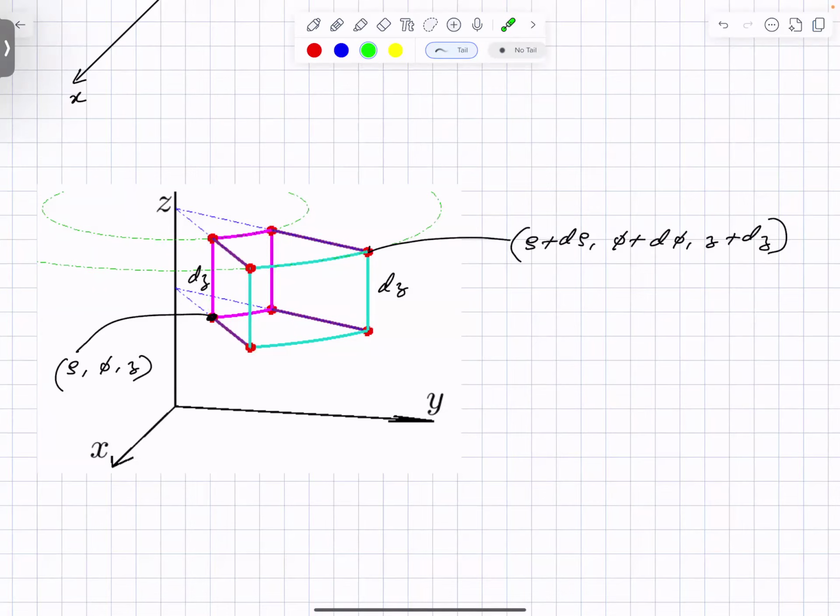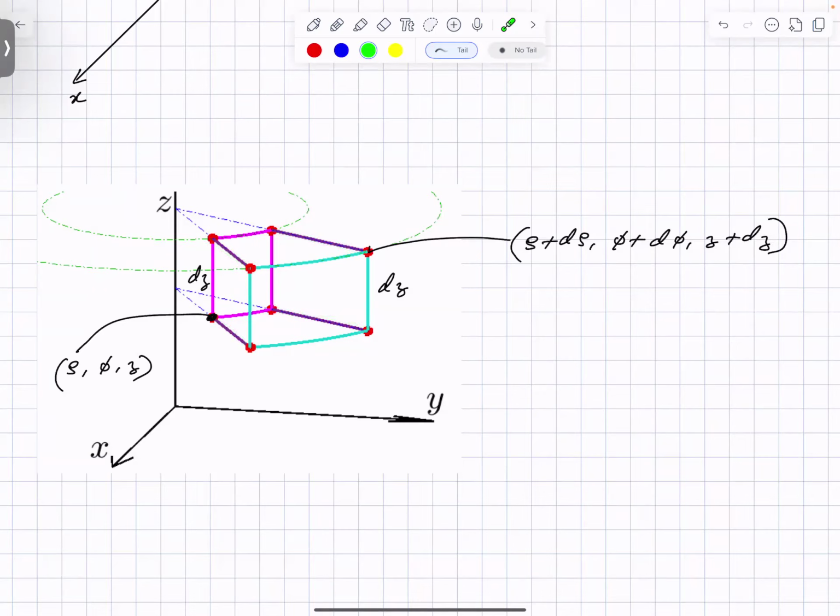Then how about the radial one? If we go from the back to the front, do we know this radial distance? It has to be d rho, right? Because this point has rho as the first coordinate, and this one has rho plus d rho. So this distance has to be d rho. And the same is true for this edge, this edge. There are 4 lines with length d rho.